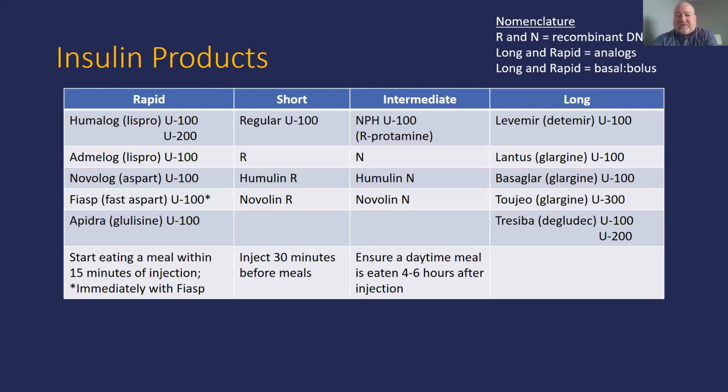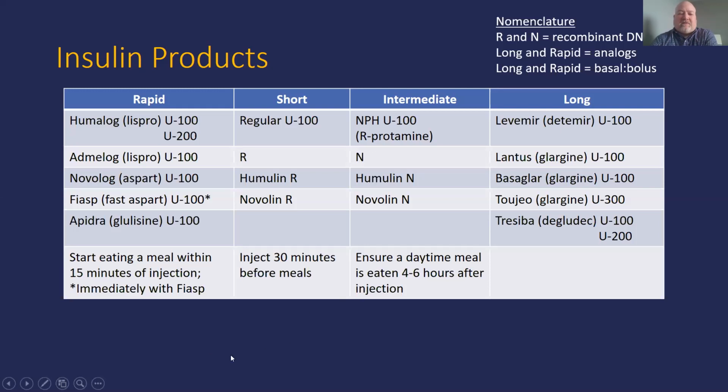This is because it just takes that long for that regular insulin to absorb in and get into your blood to where it's going to start peaking the same time your food is getting into your body and needing to get taken care of. So regular insulin needs to be injected 30 minutes before eating the meal. All right, so that's the classic way people have known to use regular insulin for a long, long time.